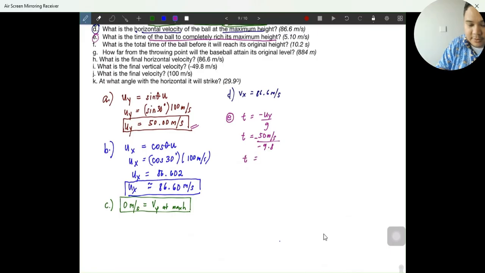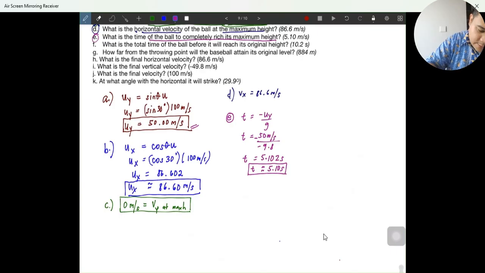That is 50 divided by 9.8, and then 5.102 seconds. So we can round it off to 5.10 seconds. Okay, so that would be the time.